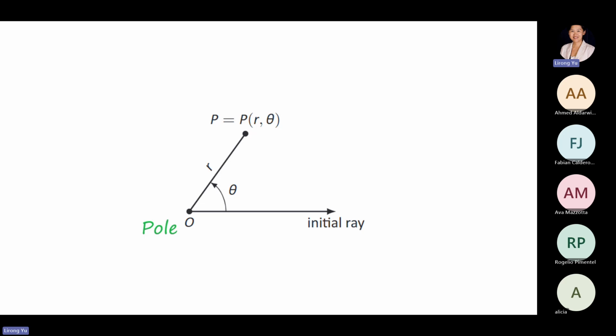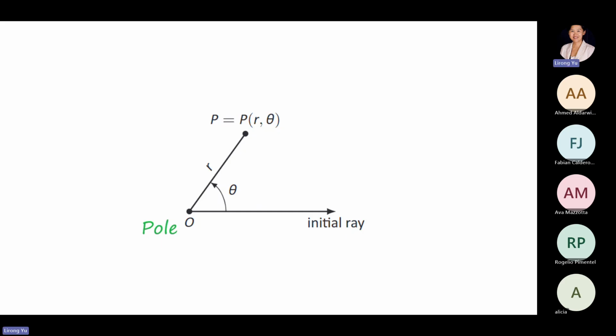Then we identify the initial ray, because in order to have an angle, you need two rays. The line connecting point P and point O is one ray, and you need one more ray to make the angle. So we have the initial ray combined with our terminal ray. Together, that's the angle theta.